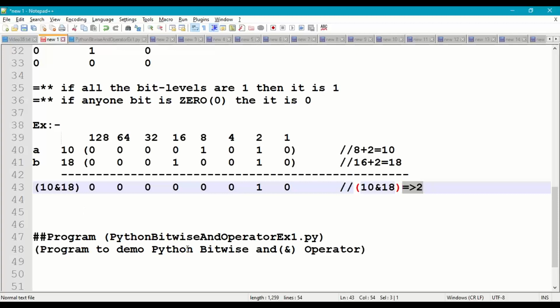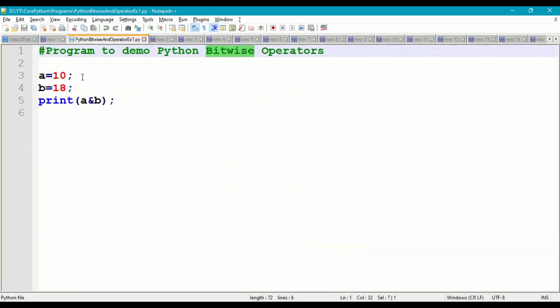Let us try to demonstrate this in a program. First I'm taking A as 10, B as 18, and just performing A & B. Internally it will perform operations on corresponding bit levels and give the answer as 2.